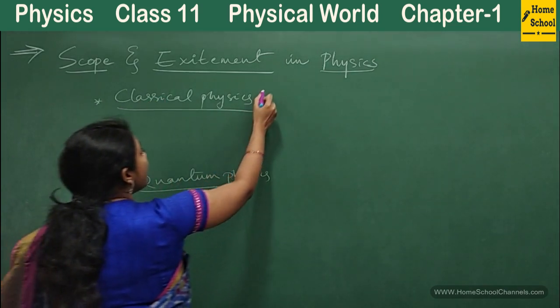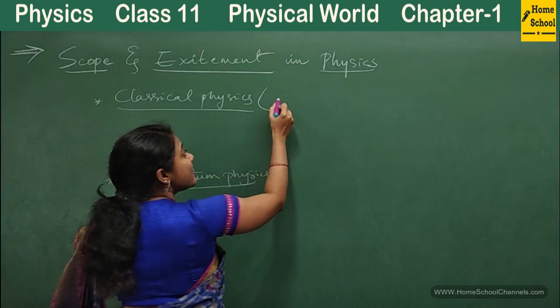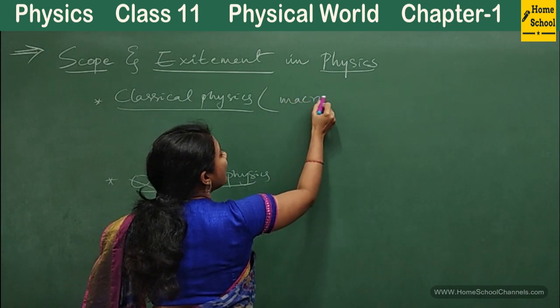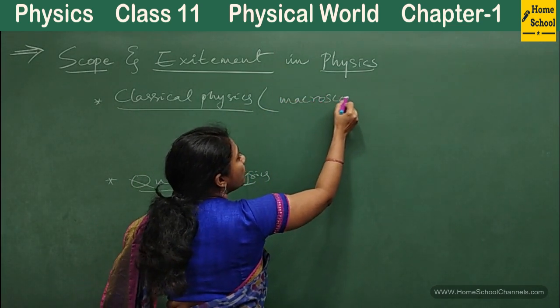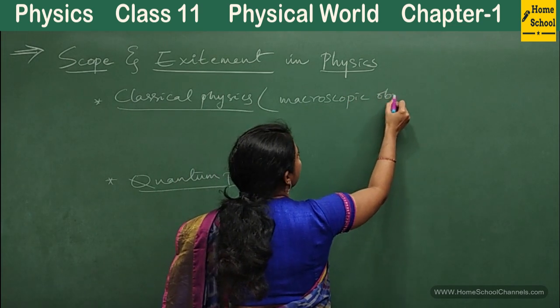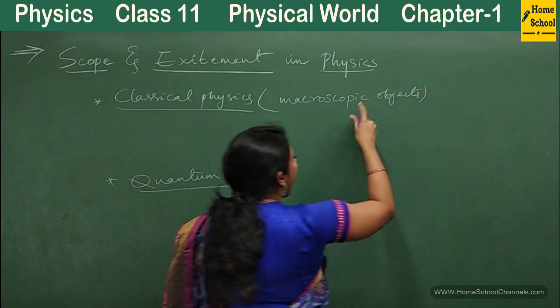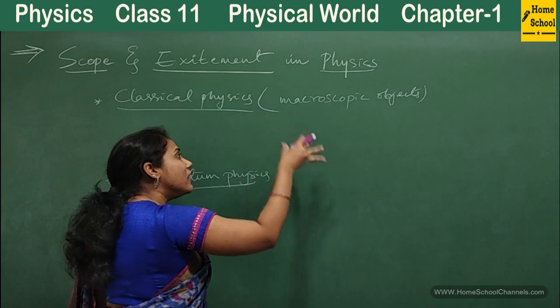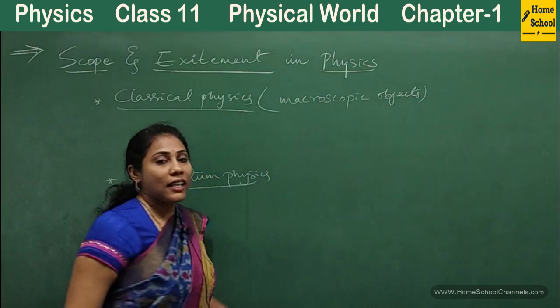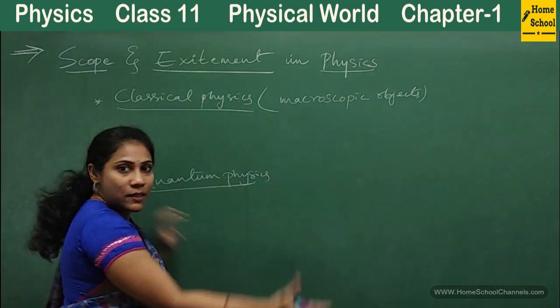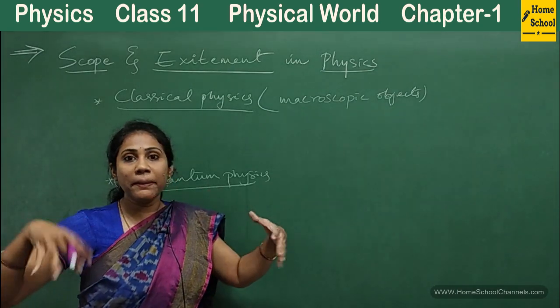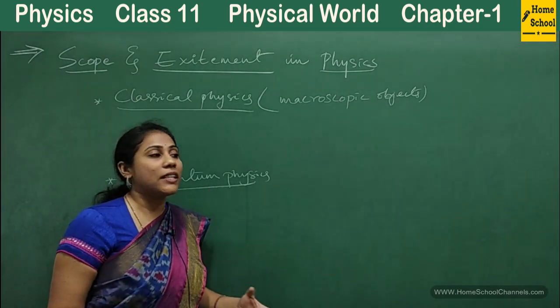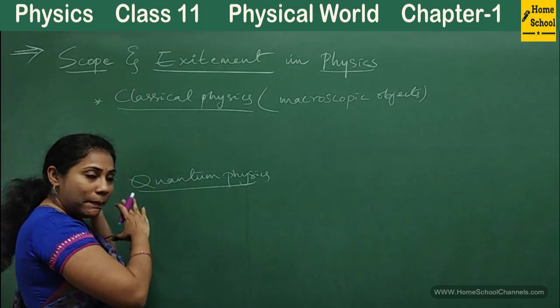Classical physics involves the study of macroscopic objects, the forces or laws that govern macroscopic objects. For example, if I have to move this board, a very big object, it's a macroscopic object. I need to apply some force.